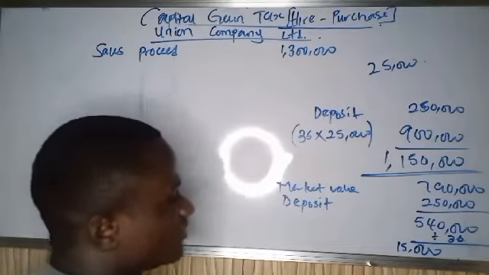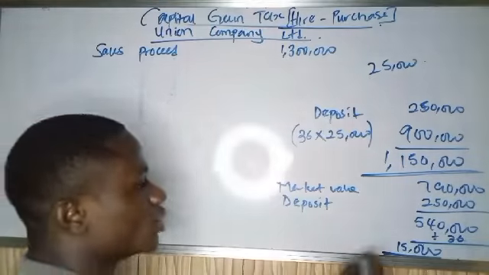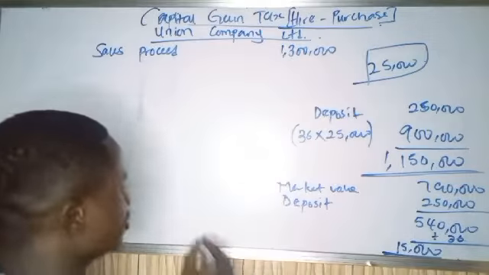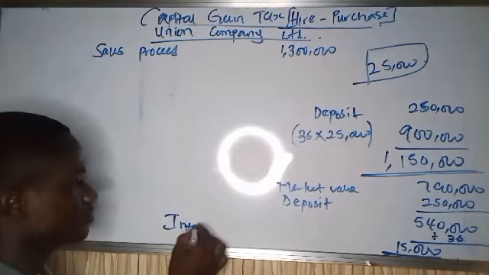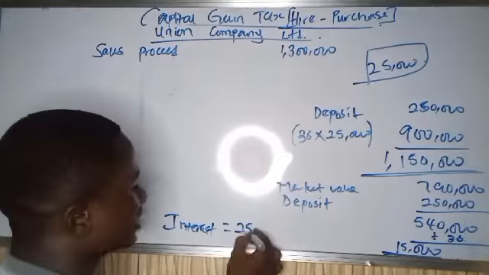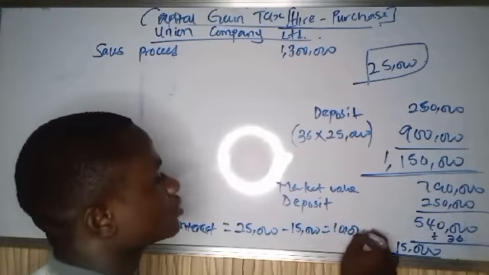So the amount is 15,000 naira to cover the real cost of the asset, but he was told to pay 25,000 naira. So what does that mean? To get the interest, the interest he is paying per month is 25,000 naira minus 15,000 naira, and that is 10,000 naira.